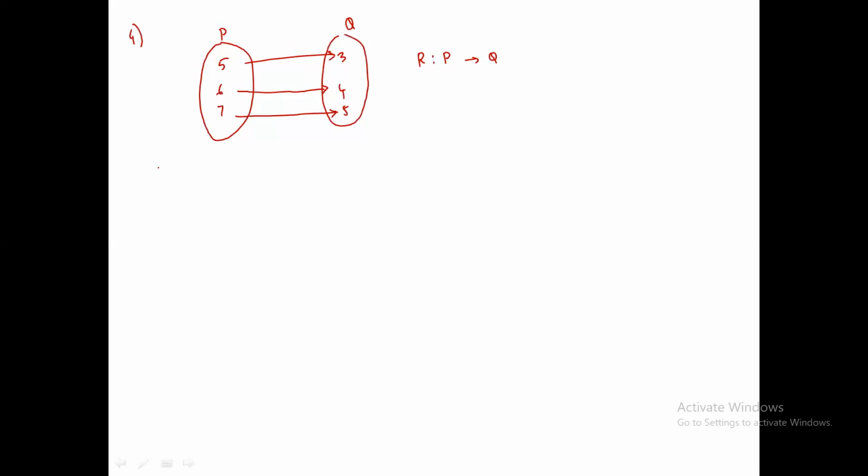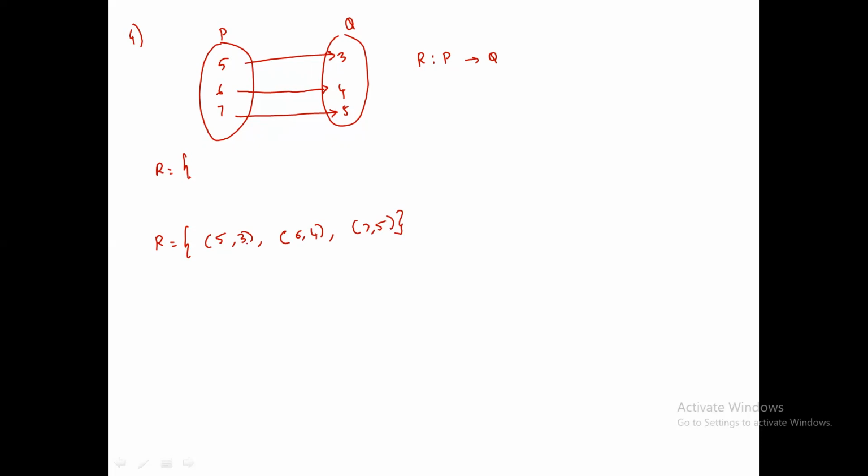Now you have to write the relation in set builder form, roster form. Writing in set builder form is slightly difficult, but writing in roster form is easy. 5 is joined to 3, 6 is joined to 4, 7 is joined to 5. Now see the relation.